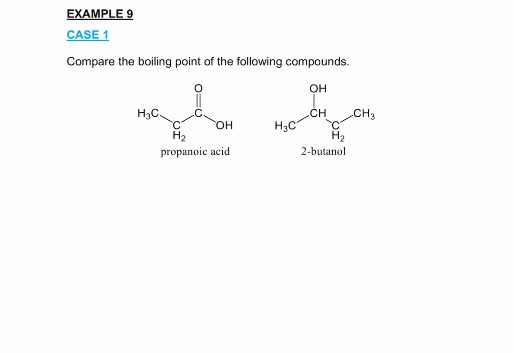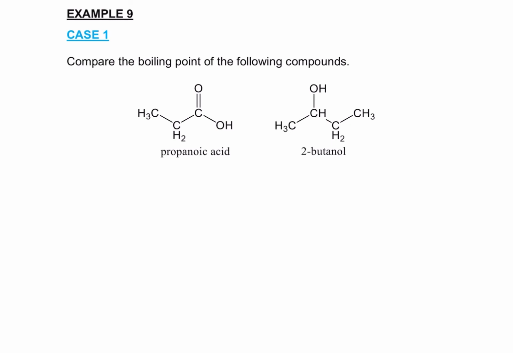So if you want to use the labeling, it's fine when you want to write down so that you can save the time. But if you want to straight away use the name propanoic acid and 2-butanol, it is also acceptable, but make sure your spelling is right.